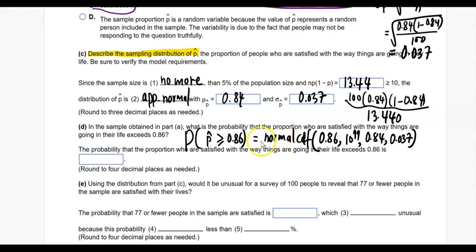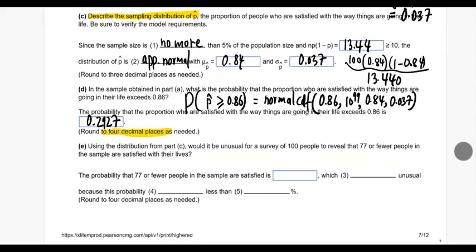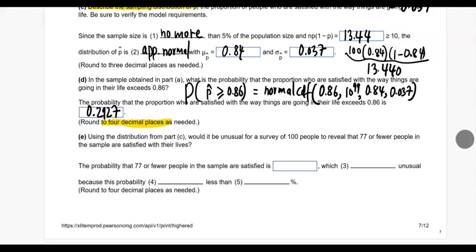If you use this in the calculator, you get that the probability of p hat greater than 0.86 is going to be 0.2927. Again, rounding to 4 decimals is needed. So this is question D.